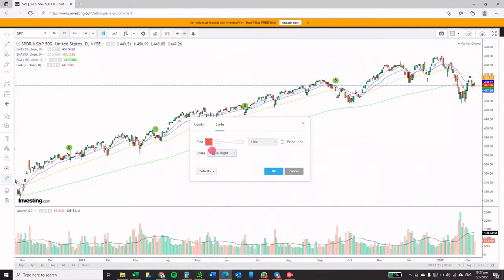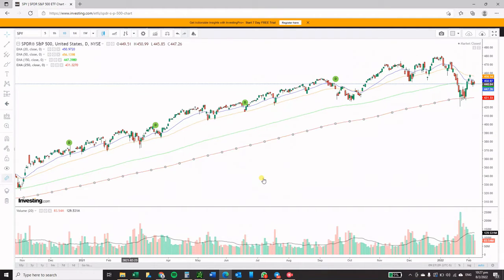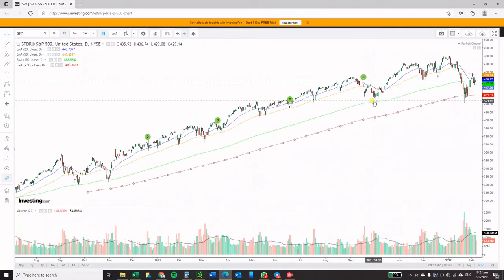And the last one I prefer to use red, and it's going to be 250. Once I put in the numbers, you will see the lines appearing on the chart. Now let's have a closer look at how these lines help you with your entry as an indicator.